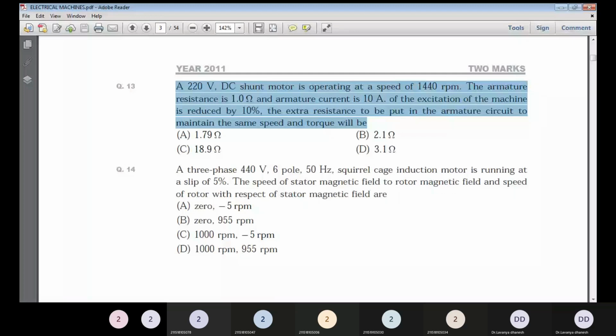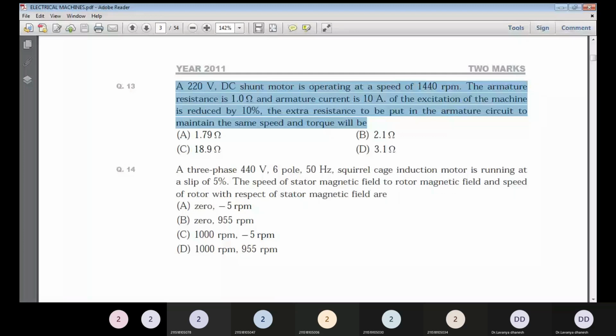So EB is equal to 220 minus the armature current times the resistance, which is 10 times 1, so that will be 210.